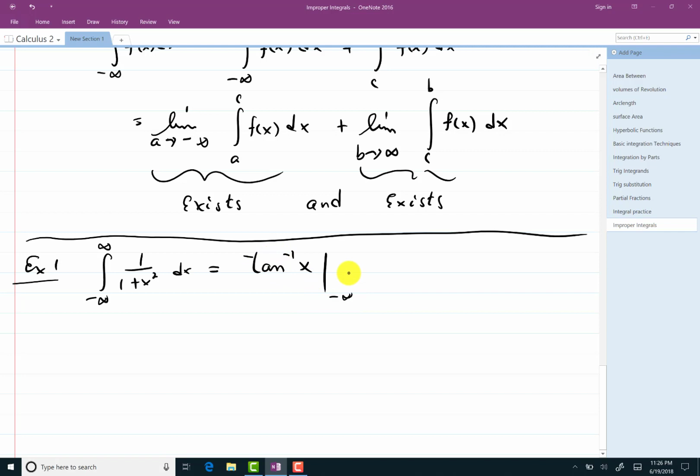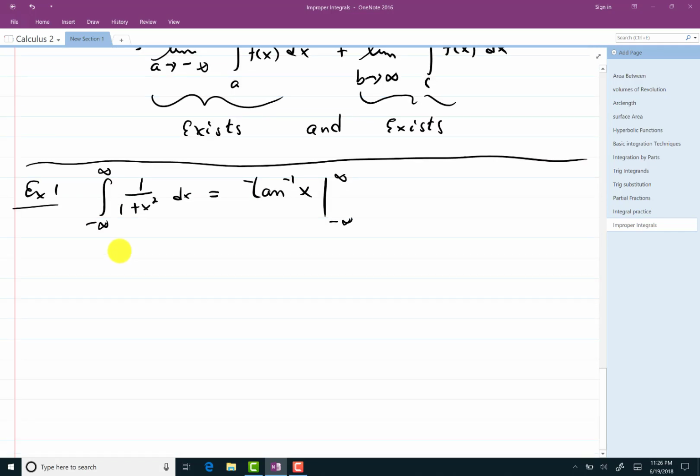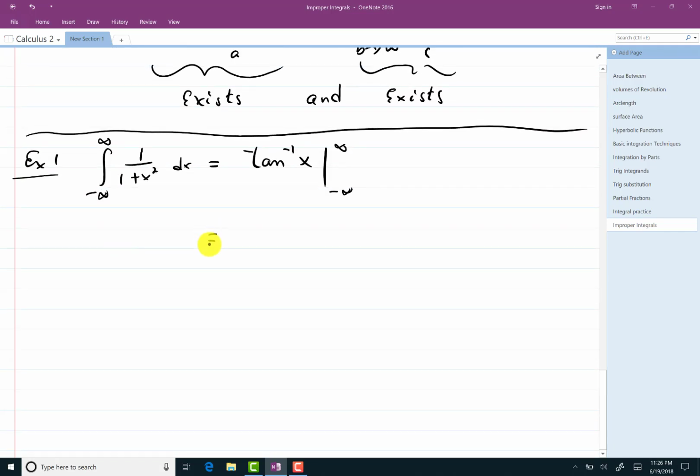However, what we need to do is arctangent of x from negative infinity to, I don't know, some number. You can pick whatever is convenient for yourself, so you can put a 0 there if you want. Plus arctan x from 0 to infinity.